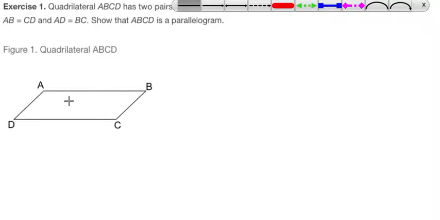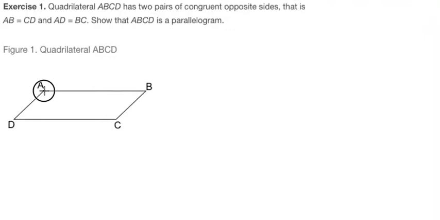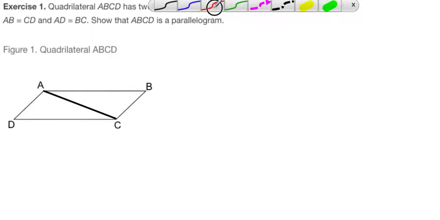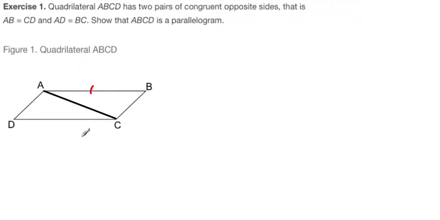First, it would be nice if we can draw a diagonal from A to C. Once you have done that, what we get to realize is this. Since AB is congruent to CD, and AD is also congruent to BC, then these two triangles, triangle ABC versus ADC, are almost congruent to each other.